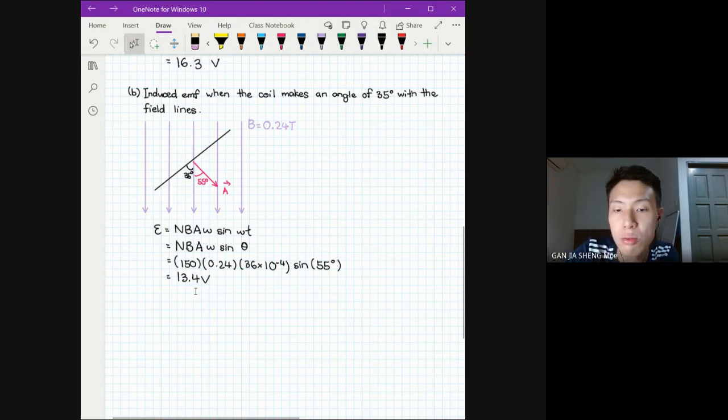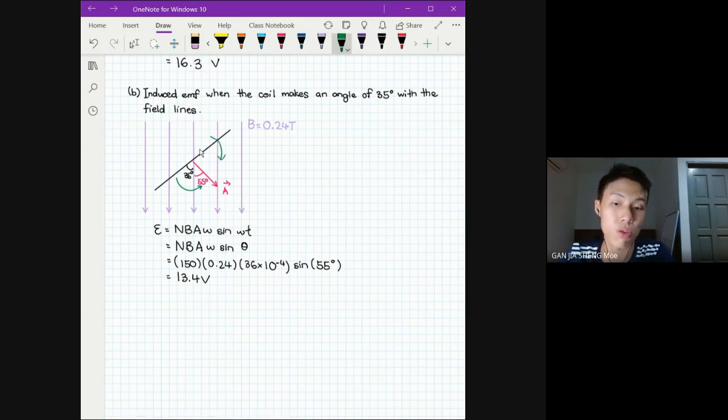At this moment, the positive or negative sign of this value will not tell you the direction. Why? Because you don't know the direction of the rotation. You don't know whether the rotation is going this way or that way. If you don't know whether the rotation is causing an increase or a decrease of magnetic flux, then technically you cannot know the direction of the induced EMF.